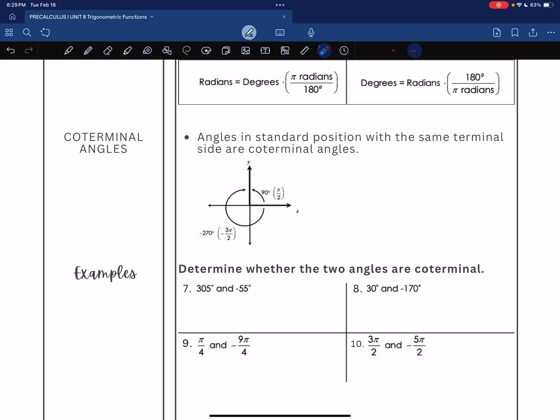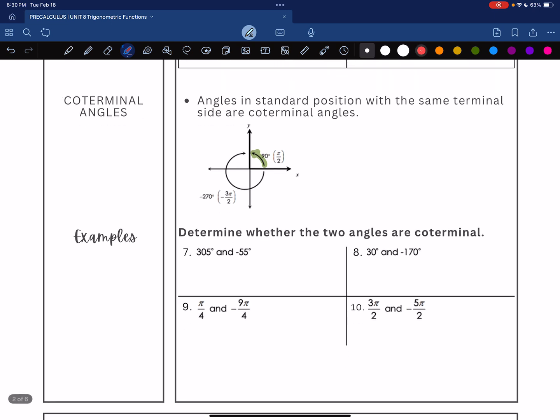So in this illustration here, if we rotate positively and terminate right at our positive y-axis, that's 90 degrees or pi over 2 radians. And similarly, if instead you rotate negatively, you're going to end up in the same place if you rotate negative 270 degrees or negative 3 pi over 2 radians.